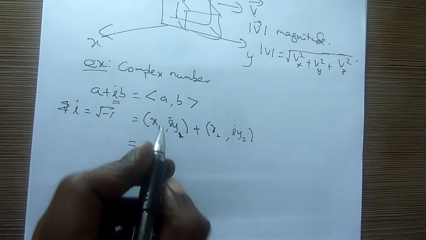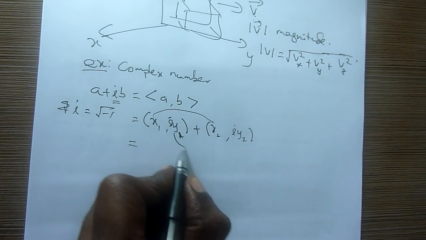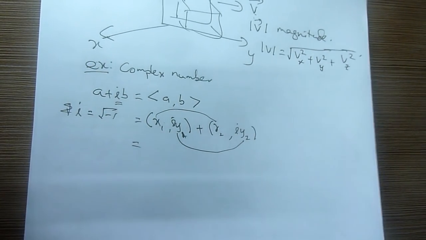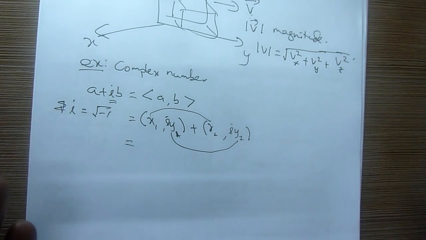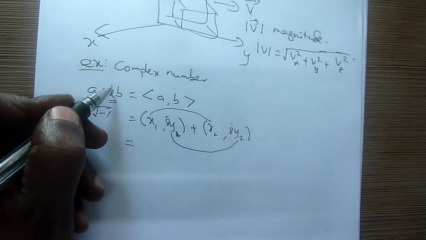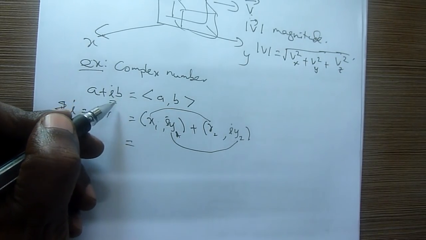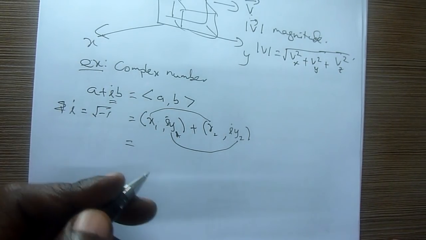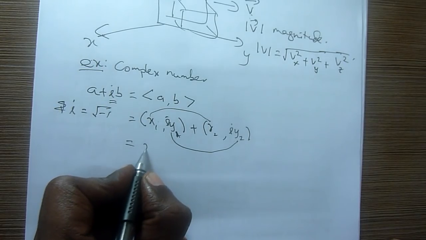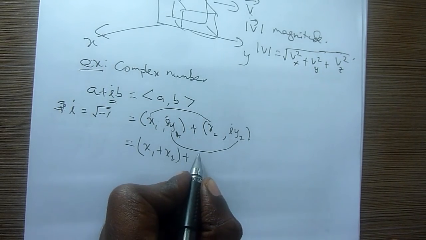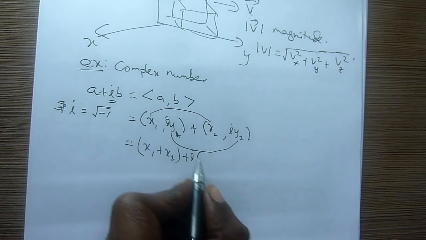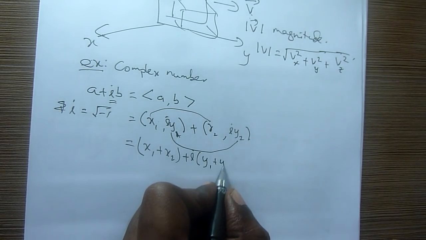This can be added according to the components. Basically, it is able to segregate two different pieces of information clearly. This is one of the benefits you can see very clearly here: I can add the similar information, i(y1 + y2).